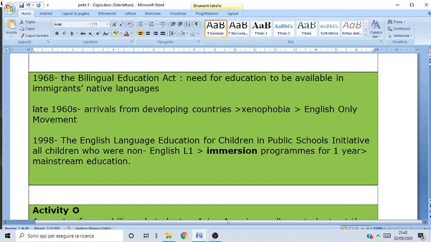And then we get to almost the end of the 1990s, with 1998, where there was this program, the English Language Education for Children in Public Schools Initiative, according to which all children who did not have English as their first language had to first participate in immersion programs for 1 year, every day, and then they could access mainstream education.